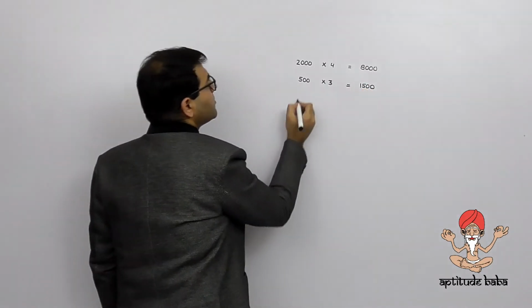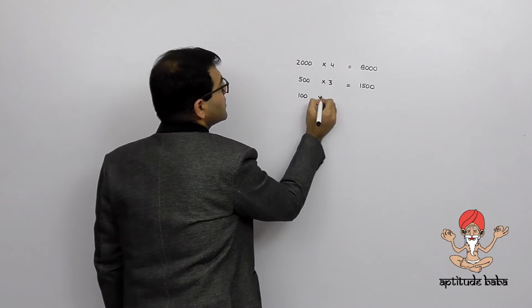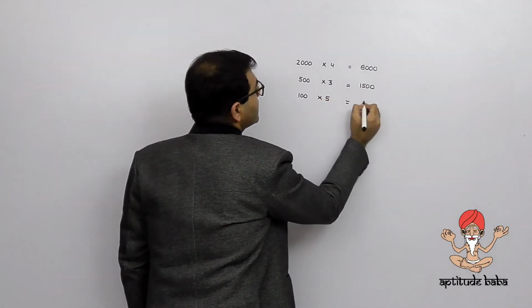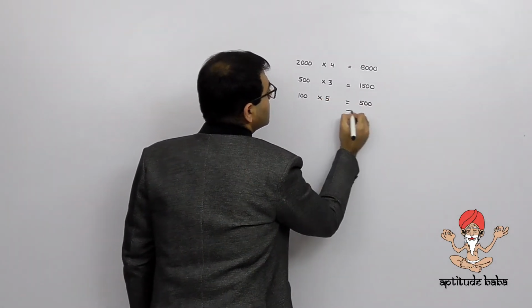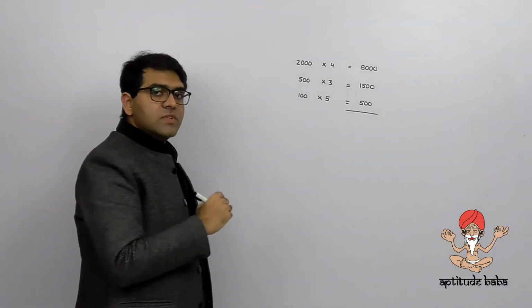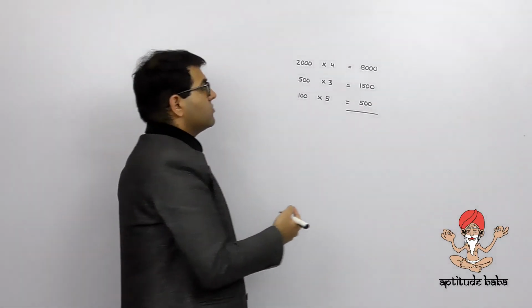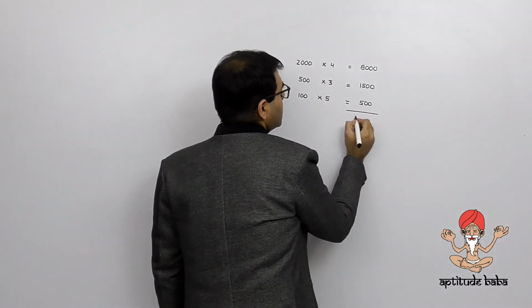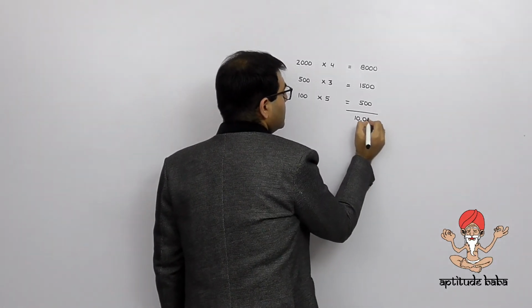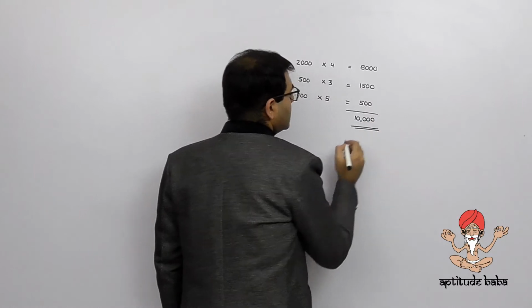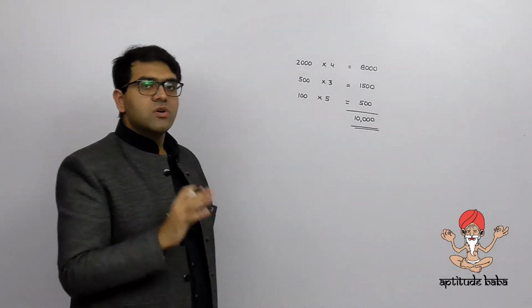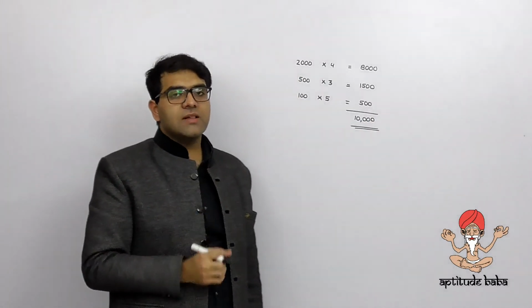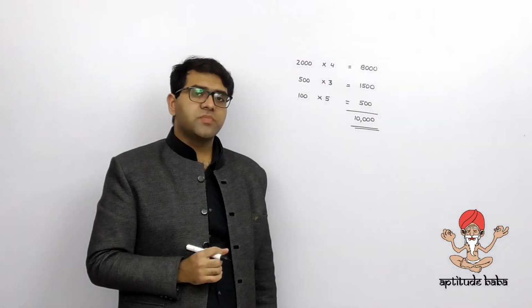And finally, we had 5 notes of 100 rupees. Therefore, the total value contained was 500. Obviously, when I have to find the total value, that will be 8,000 plus 1500, 9,500 plus 500, 10,000. Using this rudimentary logic, most of you would have already calculated the answer as 10,000.